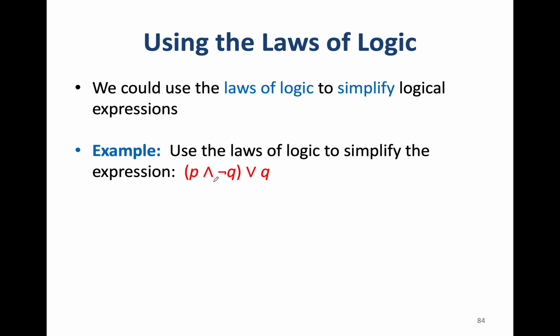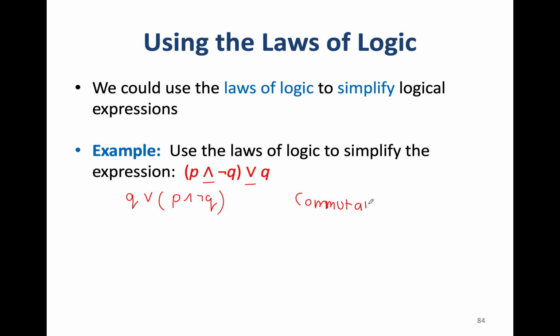Because we've got and here and or here, we can use the distributive law. However, we need first to convert it to the same shape as the distributive law. So the first thing we need to do is change the place of Q, and in order to do so, we use the commutative law.